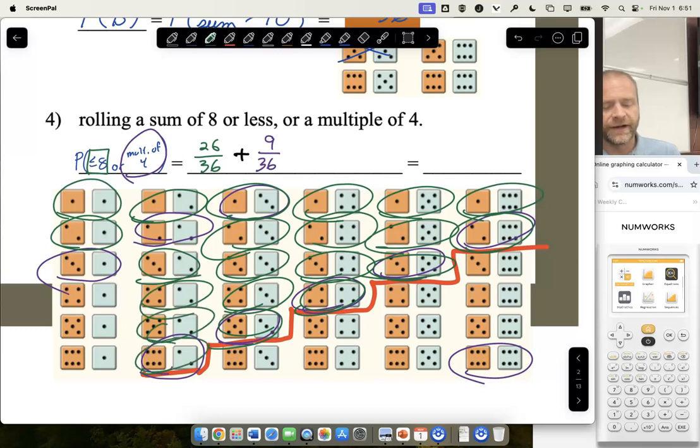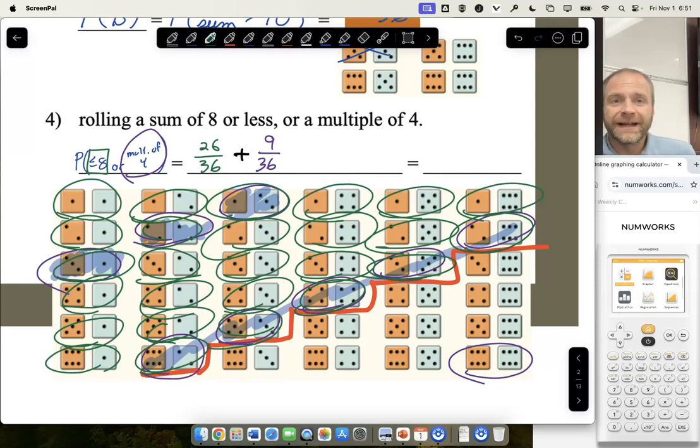So the issue that I ran into is, you see I circled, highlighted, I circled this one twice, this one twice, this one twice. All of these are going to be circled twice. So I counted them twice. I can't do that. So I'm going to have to remove some of them that we counted twice.